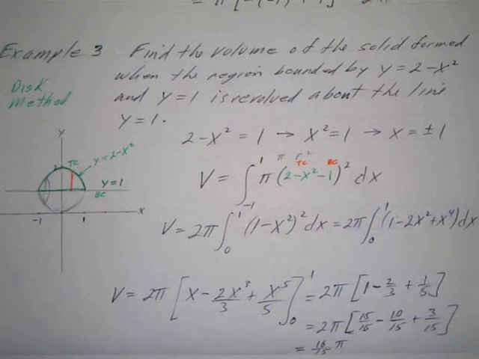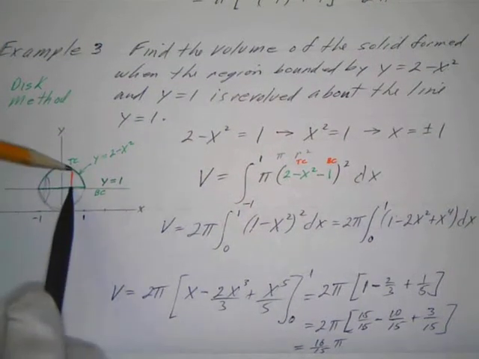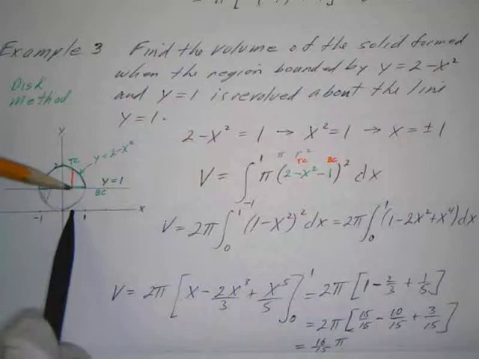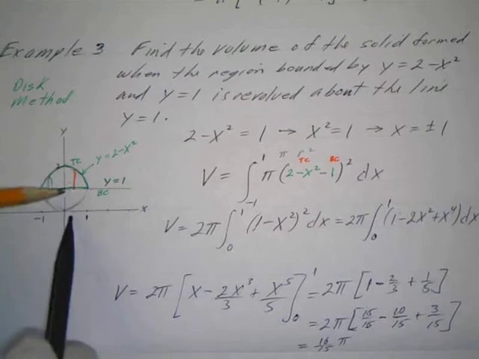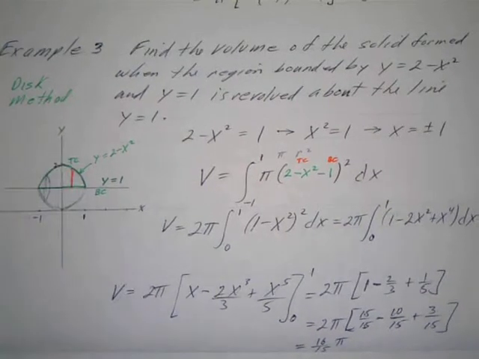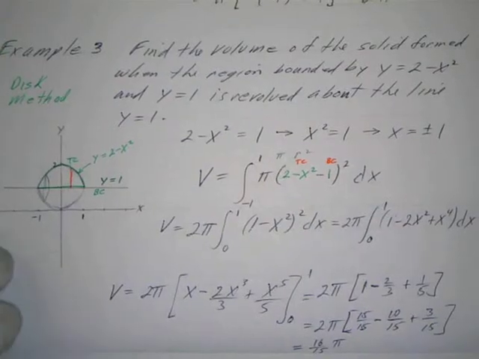So I'm going to find this distance by taking the whole distance, from the x-axis all the way up to the function, and subtract this distance, and I should get that distance. It's usually top curve, which gives me the whole thing, minus the bottom curve, which gives me the remainder, which is my radius. And the bottom curve is just y equals 1. So that makes it nice.